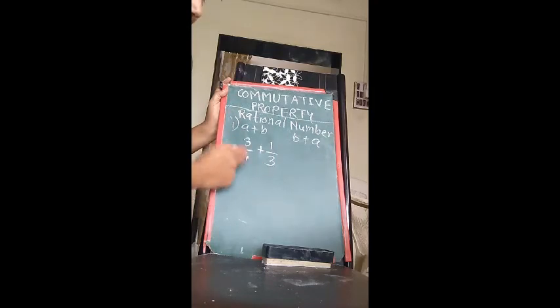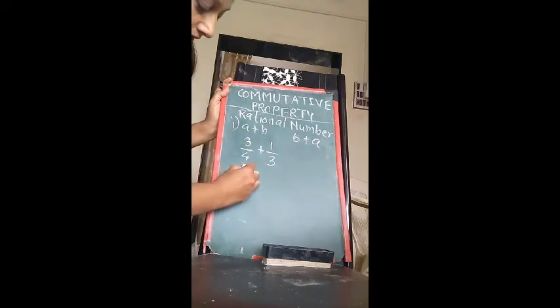Just multiply 3 upon 4 by 3 and 1 upon 3 by 4. So 3 upon 4 multiplied by 3: 3 3s are 9 and 4 3s are 12.